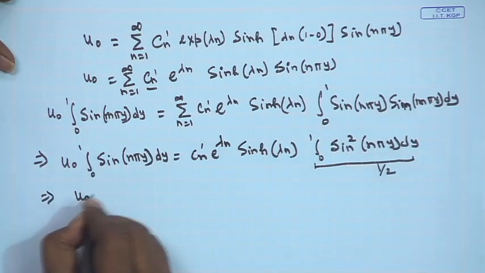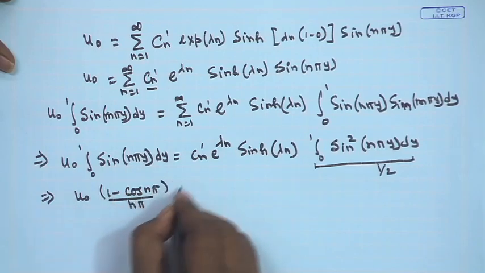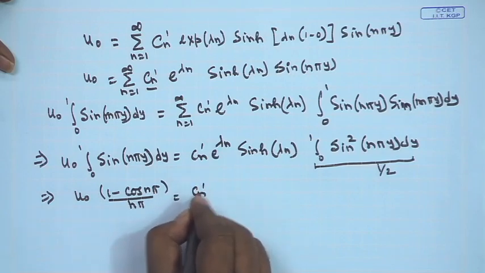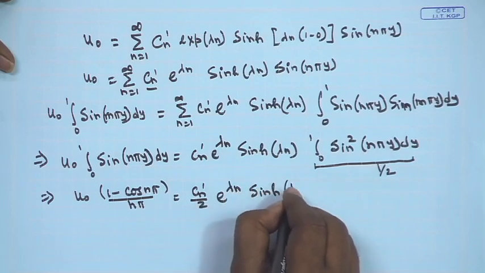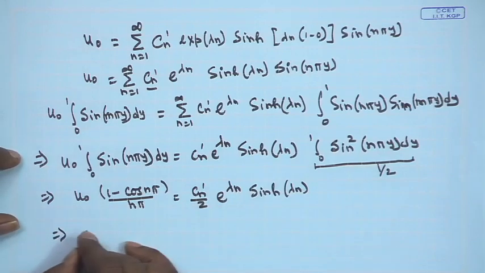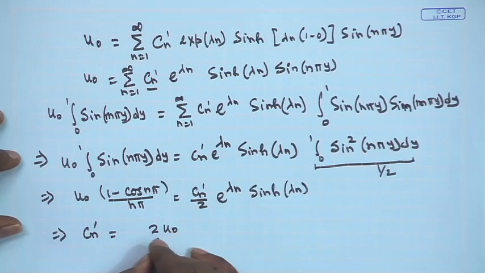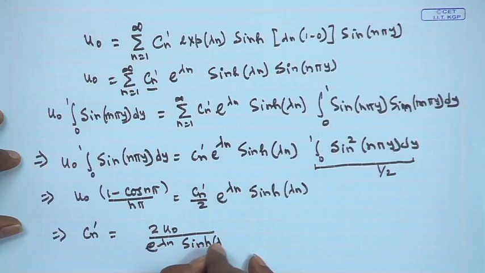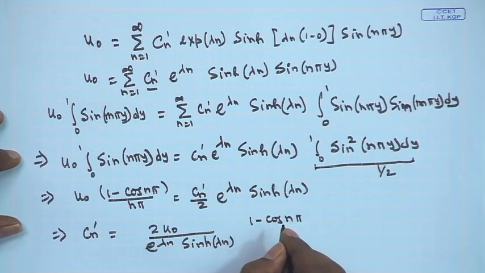So, it becomes u naught (1 minus cosine n pi) over n pi equal to C n prime by 2 e to the power lambda n sine hyperbolic lambda n, and we get the solution for C n prime as 2 u naught (1 minus cosine n pi) divided by n pi, e to the power lambda n sine hyperbolic lambda n.